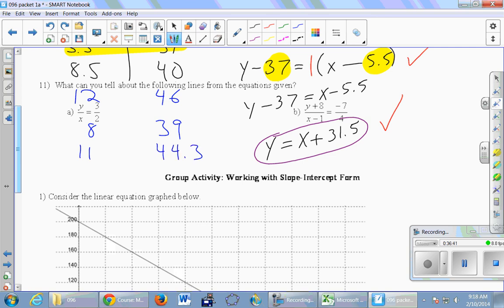Okay, all right, so let's see how close our equation is. What do we have to add to 12 to get up to 46? Was that 34? Plus 34? All right, how about here? Plus 31. All right, that's really close to the plus 31.5. What about here? 33.3.